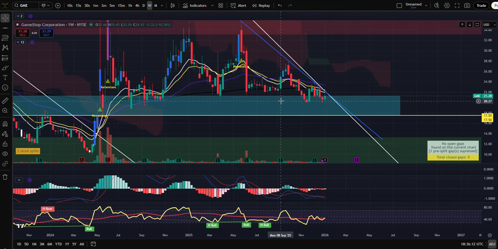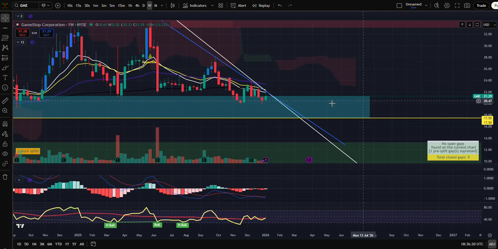And guys, this is where the stock bounces around. It's happy in this area. However, guys, should we see another rejection from the descending triangle, I can easily see the stock going past this support zone. And guys, this is for me the ultimate final support for GameStop.